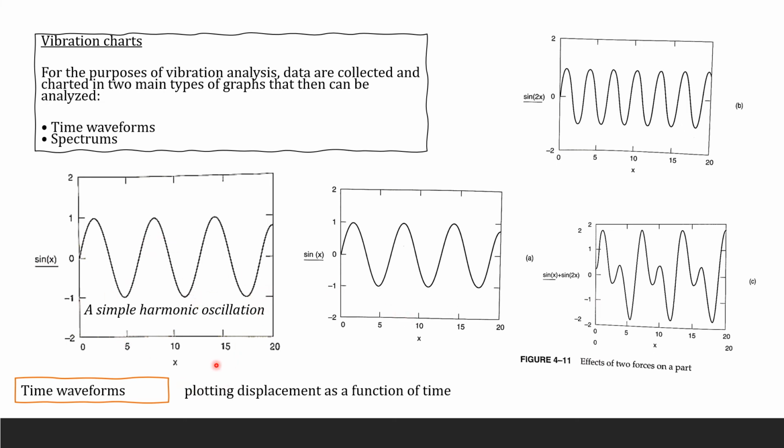So we're doing nothing but plotting the distance or displacement as a function of time. As time goes by, we are monitoring the activity, which is your vibration, and plotting it. You can see the very first one is your time waveform, like this, vibration going over a period of time.